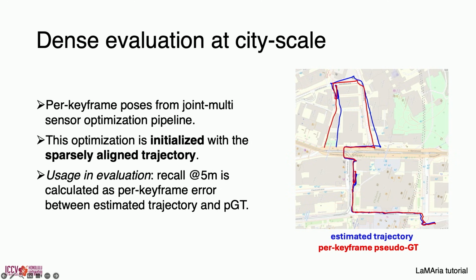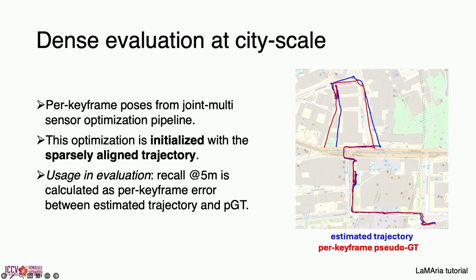As discussed in the last hour, if Aria MPS fails, then we don't provide per keyframe ground truth for those trajectories. This optimization is initialized with the sparsely aligned MPS trajectory.